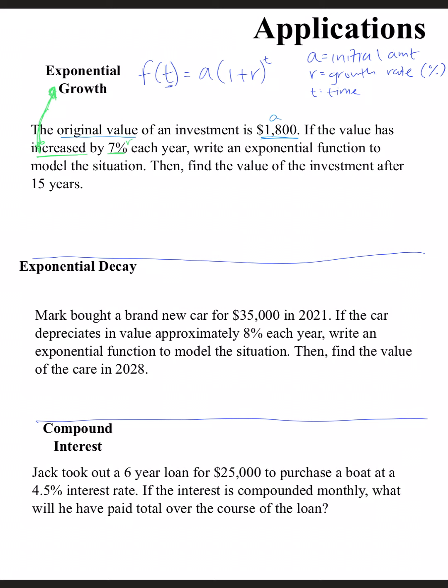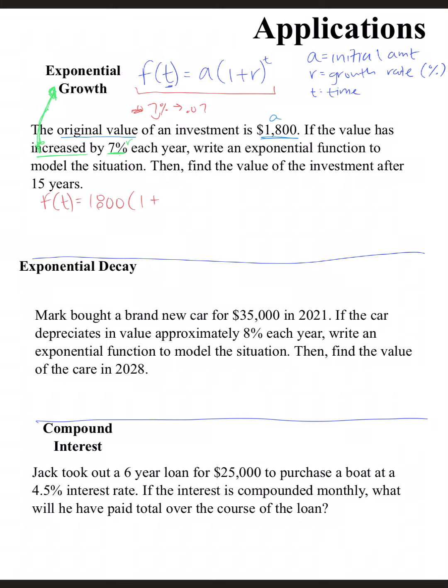So all I'm doing is I'm plugging in my a and my r here. So we're going to have f of t, some time we don't know. What's my a? 1,800. And what is my r? Changing this 7% changes to 0.07.